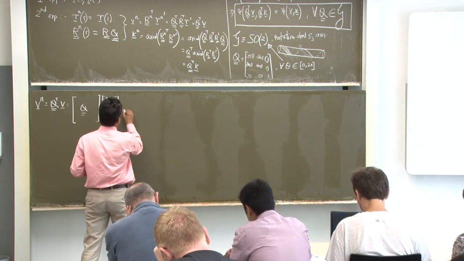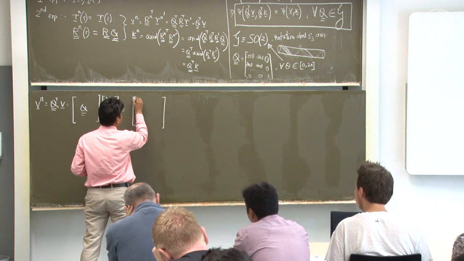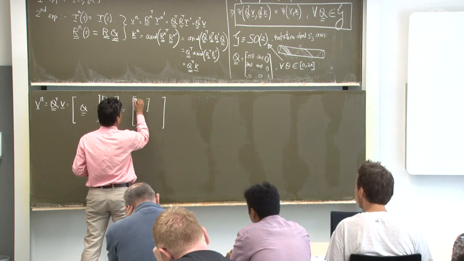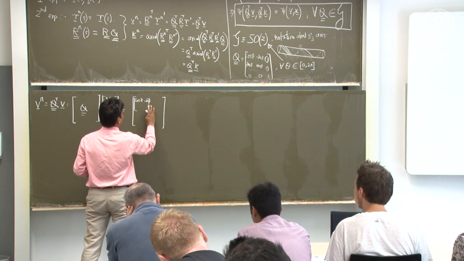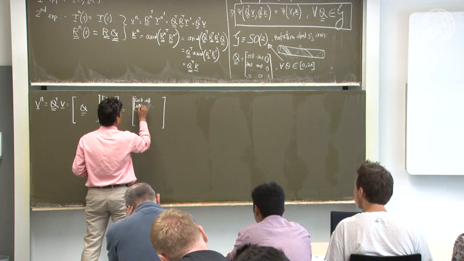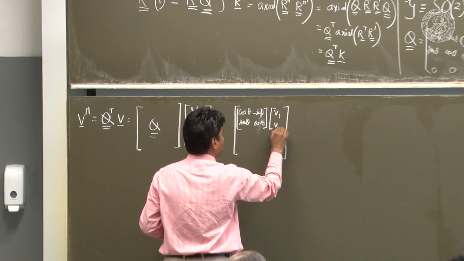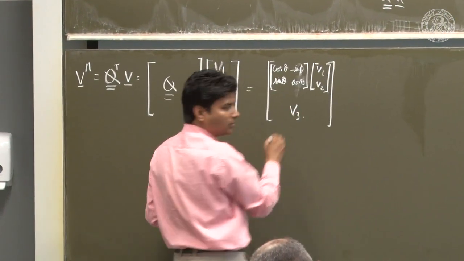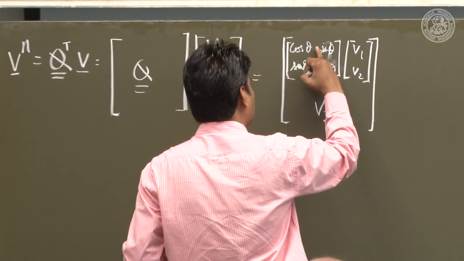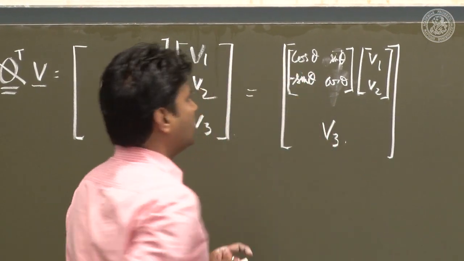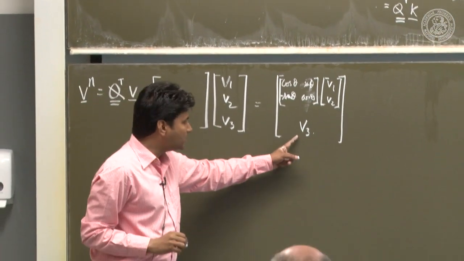What does this become? Can we say that this is the same as cos theta, minus sin theta, sin theta, cos theta into V1, V2 and V3? Yes, with the transpose. What you see is that under this operation, V3 does not change.